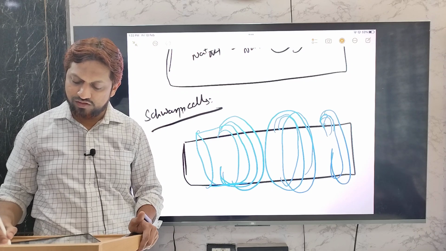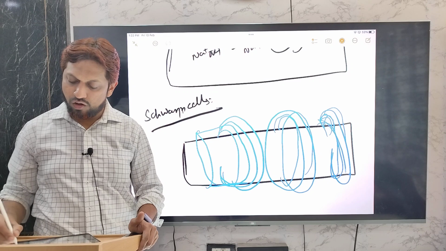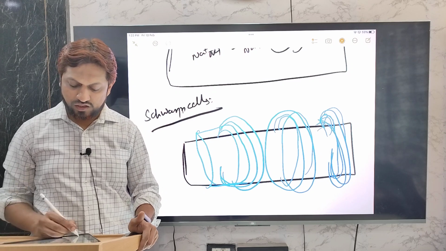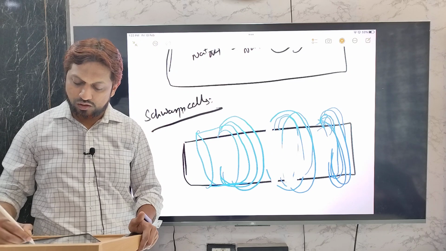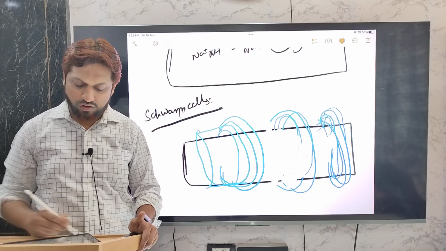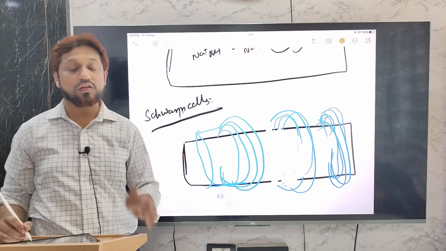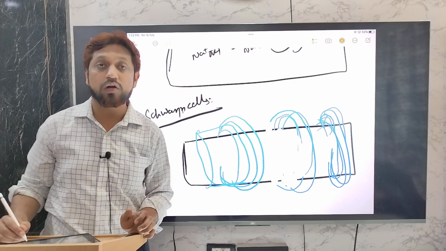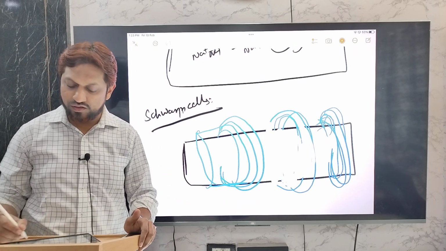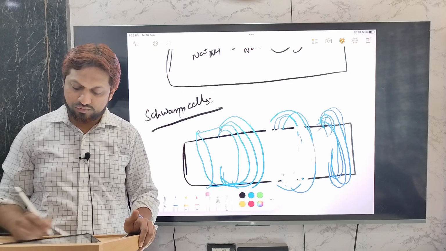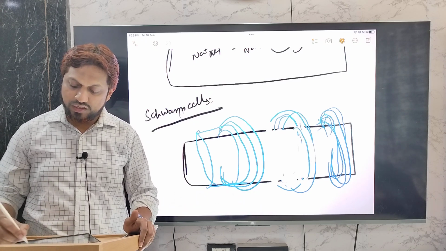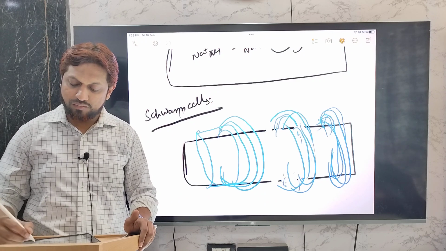So in the peripheral nervous system the Schwann cells cause the myelination, whereas in the neurons of the central nervous system, oligodendrocytes cause the myelination, okay. So neurons in the central nervous system are myelinated by oligodendrocytes, and here by the Schwann cells.